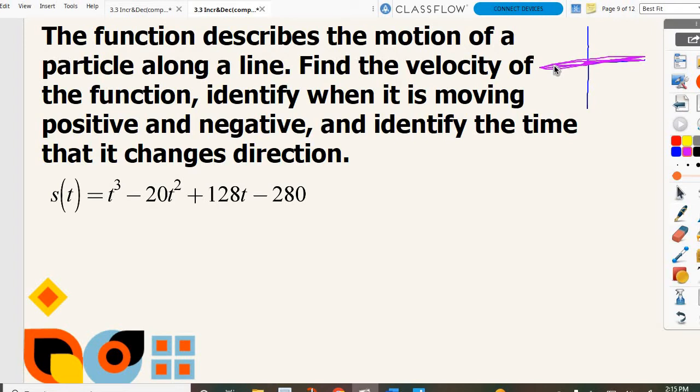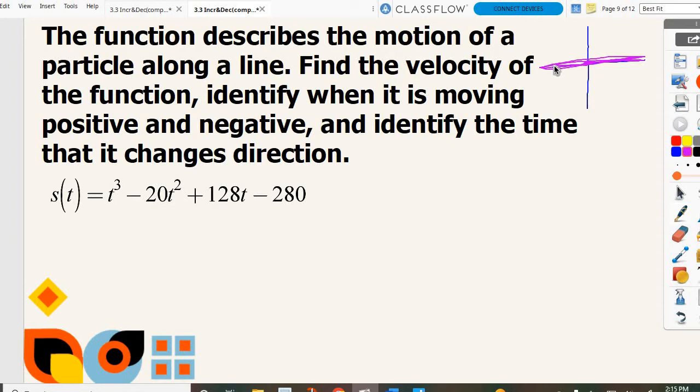However, we are also finding where we've stopped moving, which are going to be the spots where we could change directions. There's no way in the real world to change directions without first stopping in order to go the opposite direction. So the only spot that we can change directions is when our velocity equals 0.